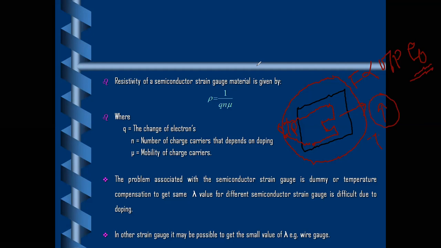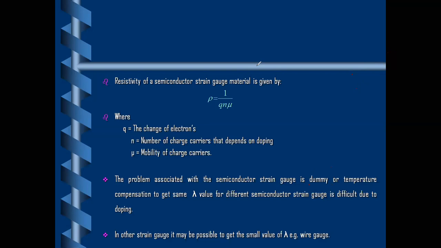This is the disadvantage. That's why we are using the dummy strain gauge, which will try to compensate the variation in the temperature. So this is the limitation of the semiconductor strain gauge.